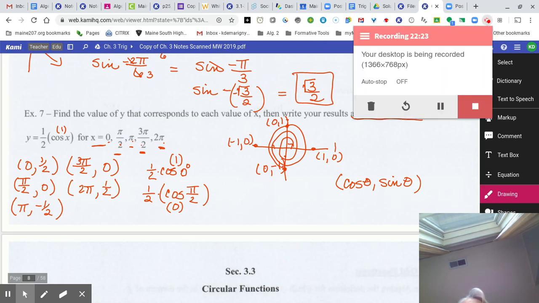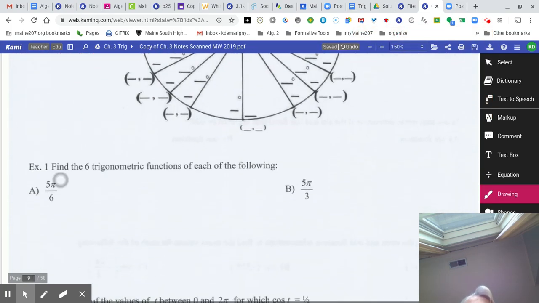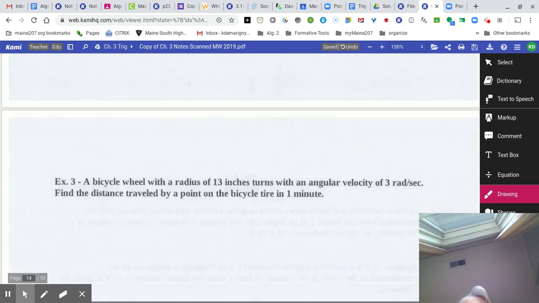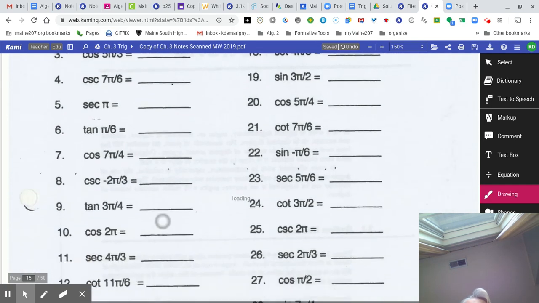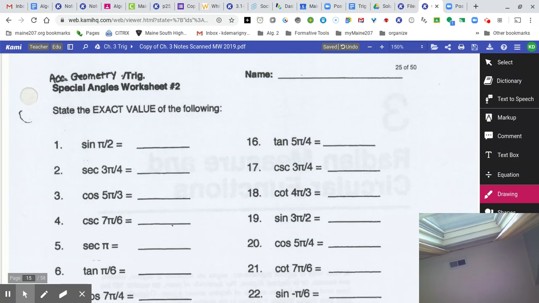Oh, hold on, before I stop you, I was going to show you where your homework is. Okay, so I'm going to zoom on down through your packet. This first page is your homework from section 3.2. So we are asking you to find the exact values.